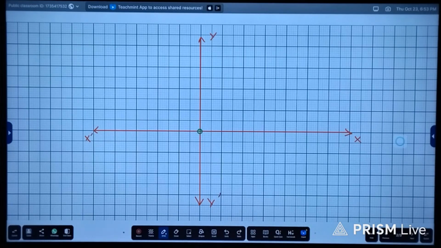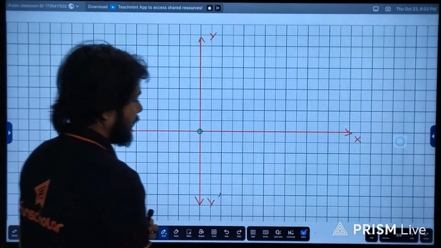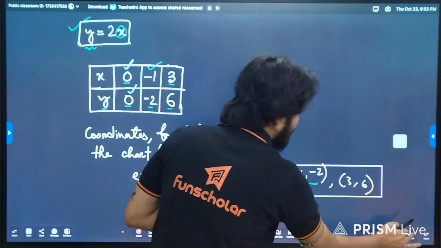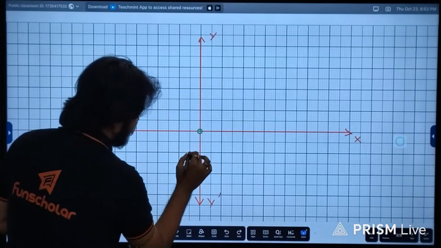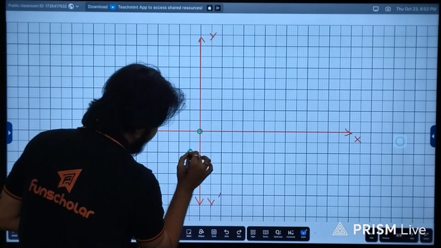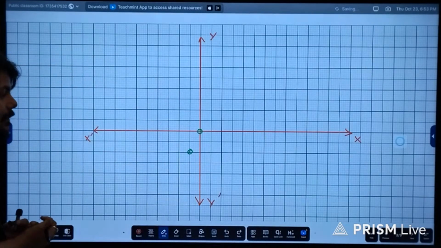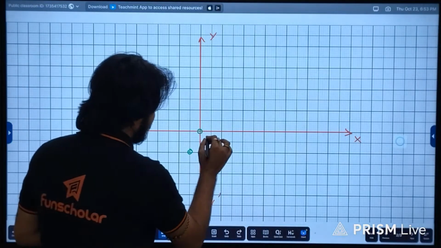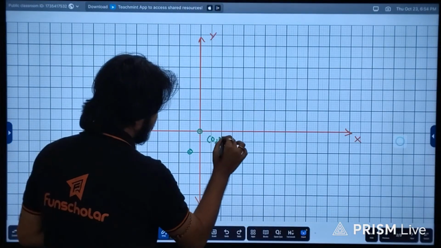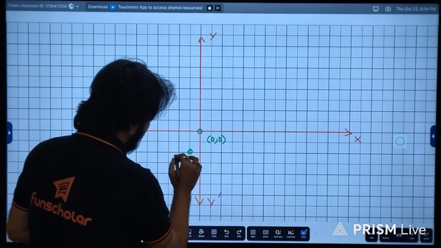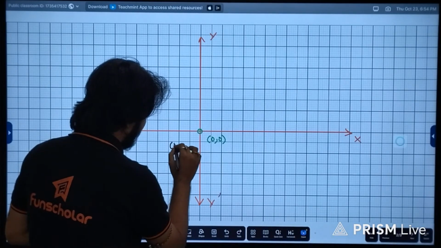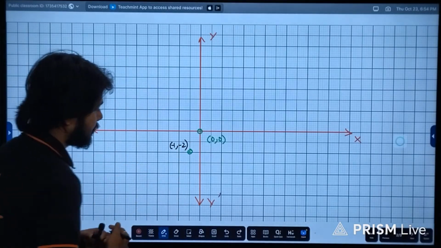Yes. So minus 1 comma minus 2, let me check again. This is minus 1, this is minus 2, so we will simply mark here. This was 0 comma 0, and this is minus 1 comma minus 2.